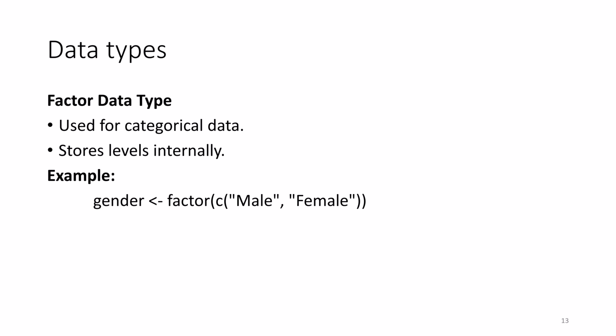For example, gender = factor(c("male", "female")) creates a factor with the categories male and female.